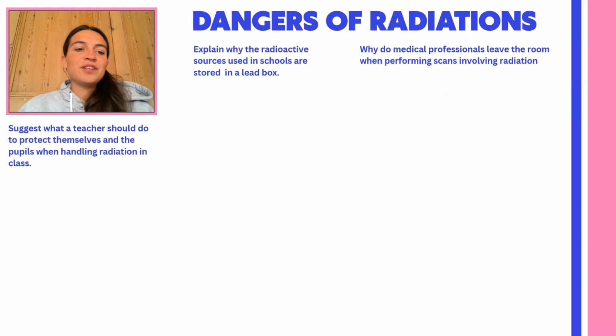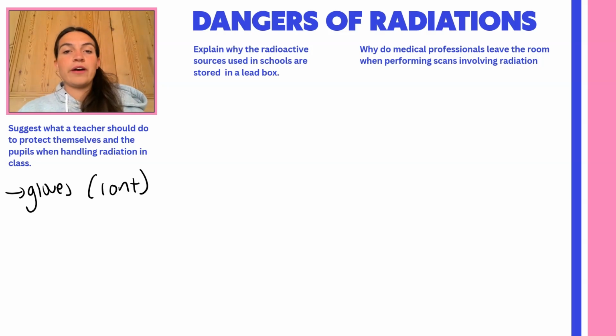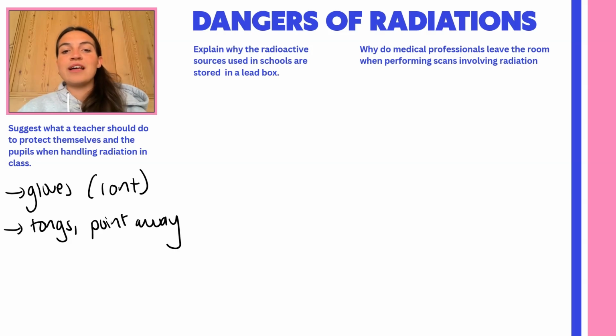Okay, next question: suggest what a teacher should do to protect themselves and the pupils when handling radiation in class. First thing, the teacher should always be wearing gloves to avoid any kind of contamination from accidentally touching one of the sources. On that note, they shouldn't be touching the source with their hands anyway. They should be using tongs, and they should be pointing the source away from them and away from the pupils, and make sure that the pupils are stood at a distance.